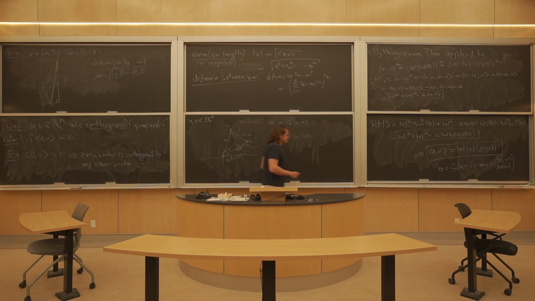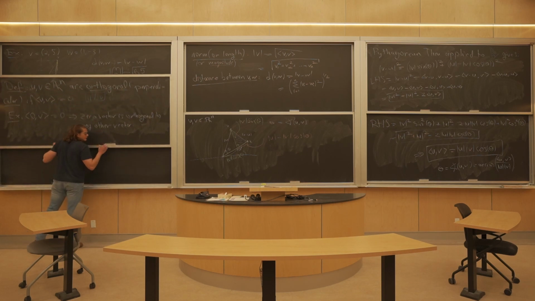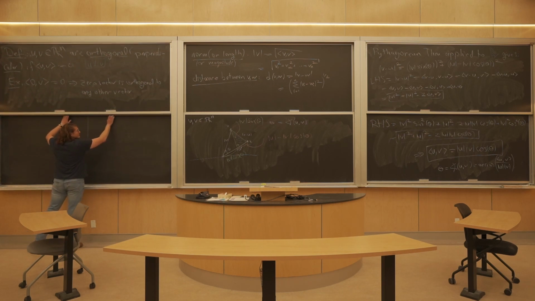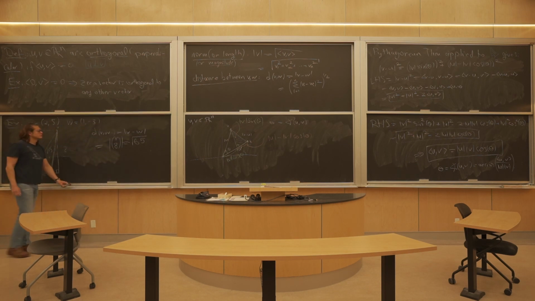And then the notation for this orthogonality is this. U perp V. That's what you write. Okay? Any questions so far?